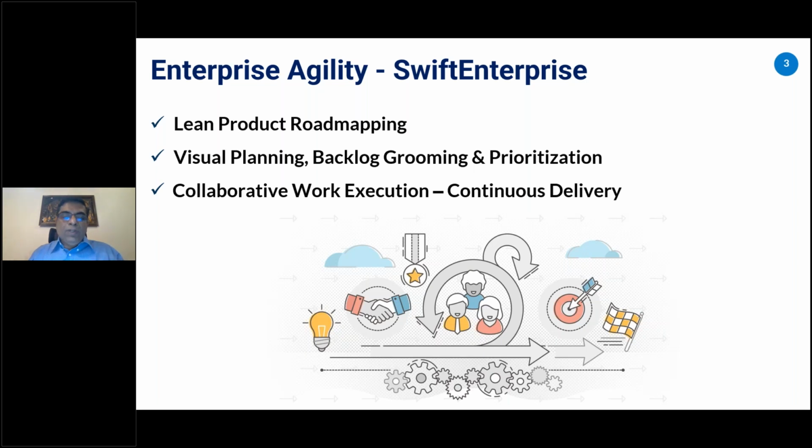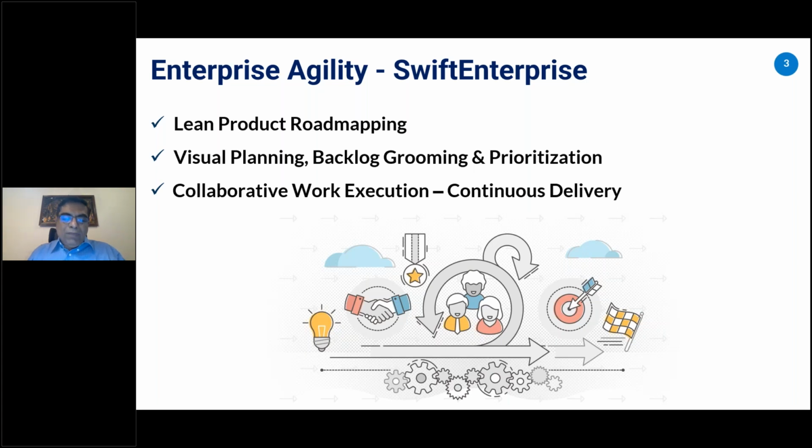But what we are going to focus on today is product. We will be focusing on the product road mapping capability that is being provided in the system. We will focus on the way in which you will be able to visually plan, groom your backlog and prioritize your backlog. And we will also focus on how a collaborative work execution environment can be very easily set up in the SwiftEnterprise platform.